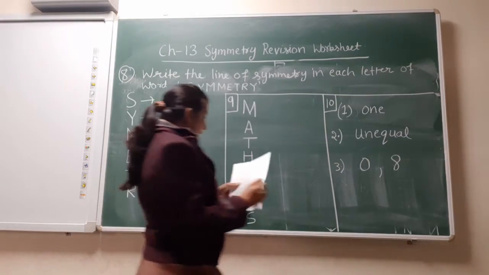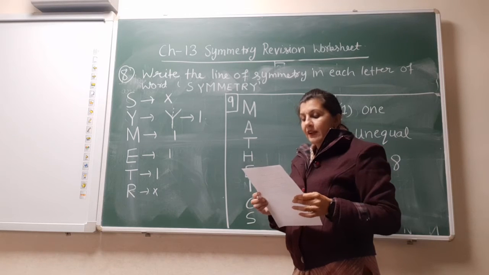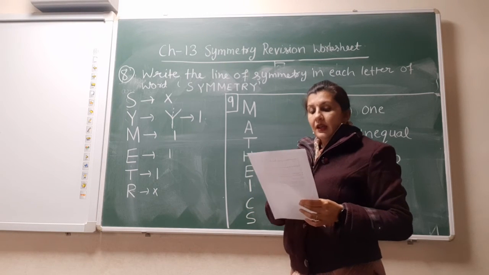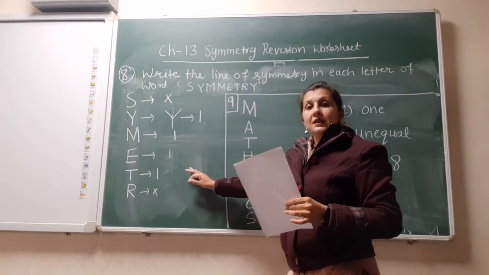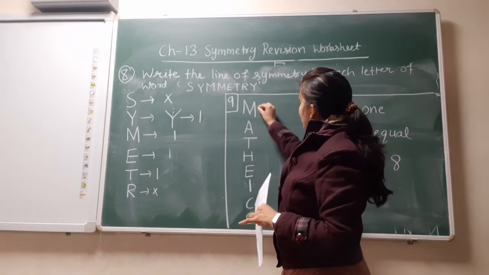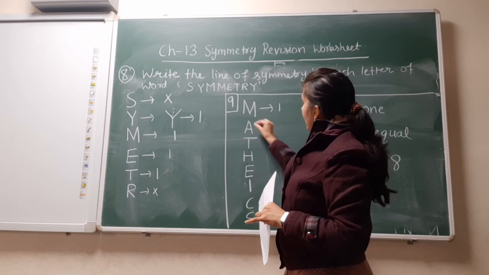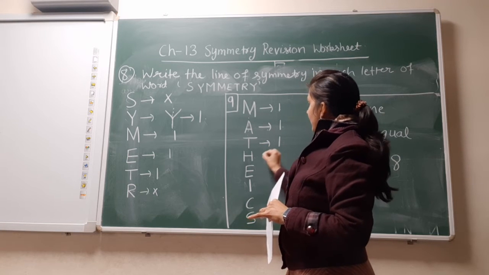Now comes the ninth question. Write the letters of the word mathematics which have no line of symmetry. In the eighth question, they asked about the number of lines of symmetry in each letter. Now M has one line of symmetry. A also has this vertical line of symmetry, one. T also has one line of symmetry.